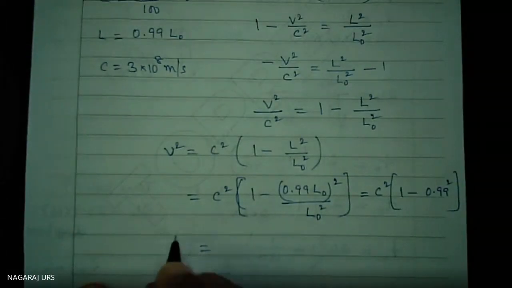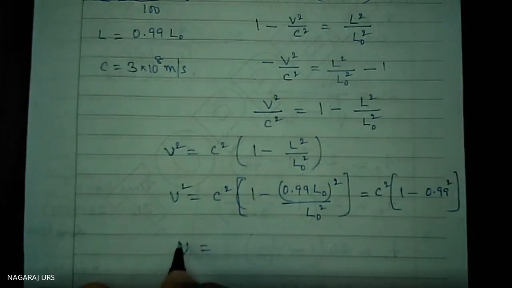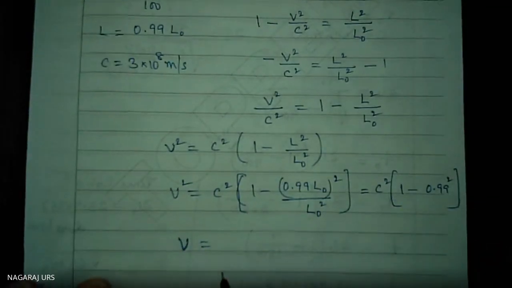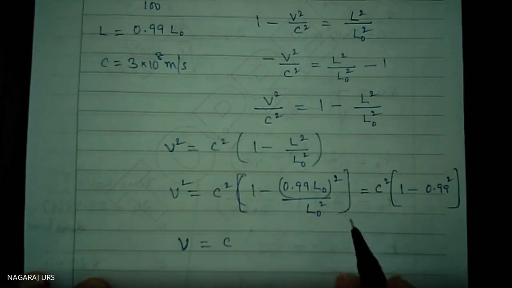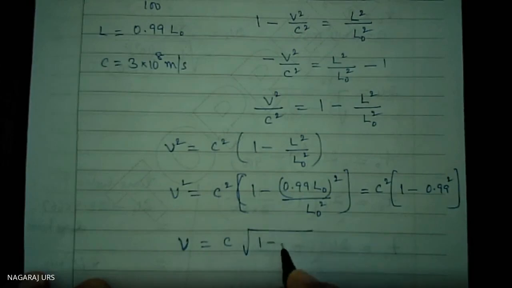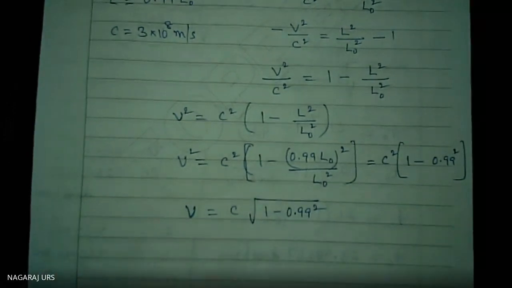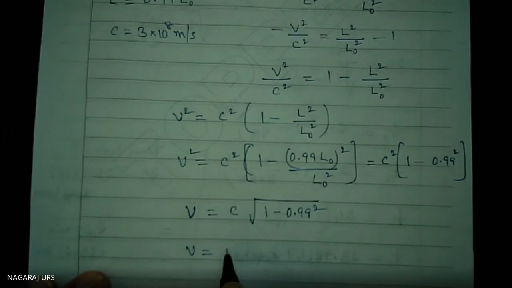Therefore V is equal to C times the square root of 1 minus 0.99 square, where C is 3 into 10 to the power 8.